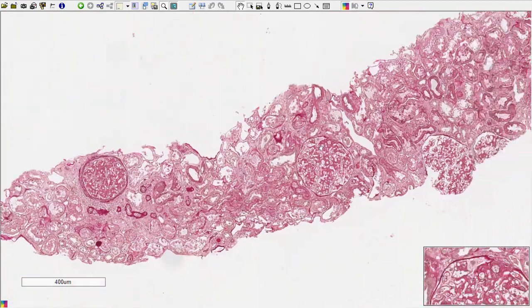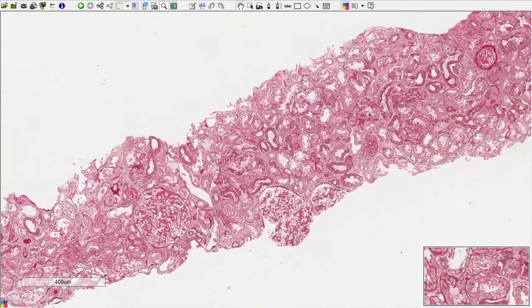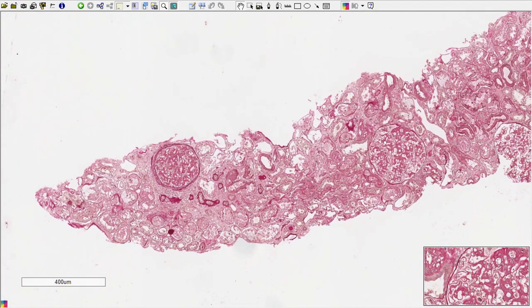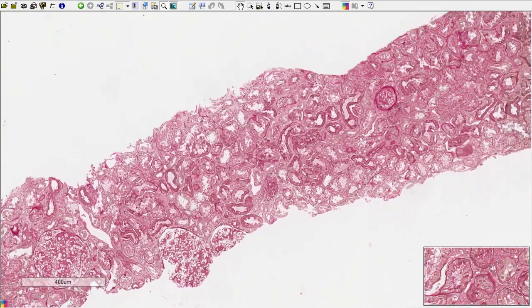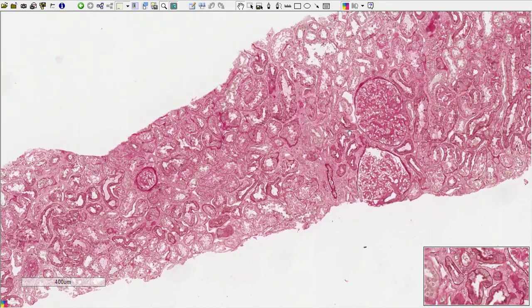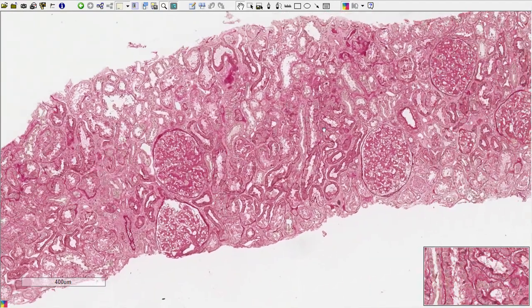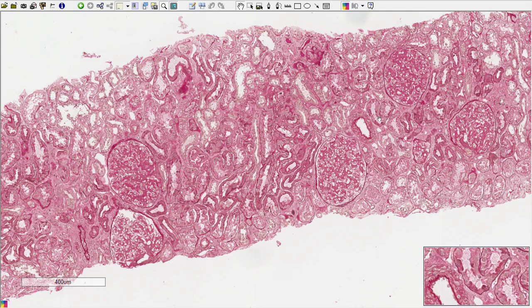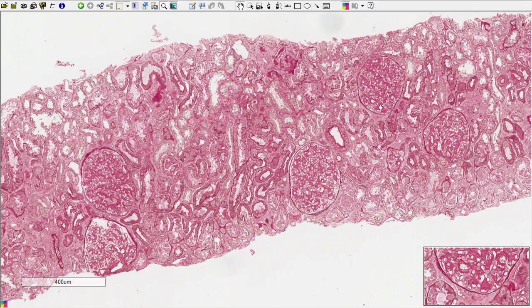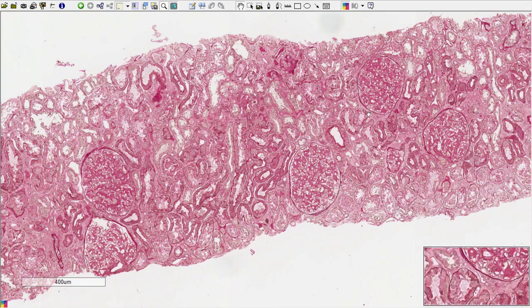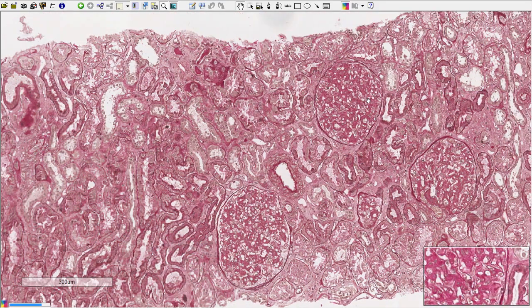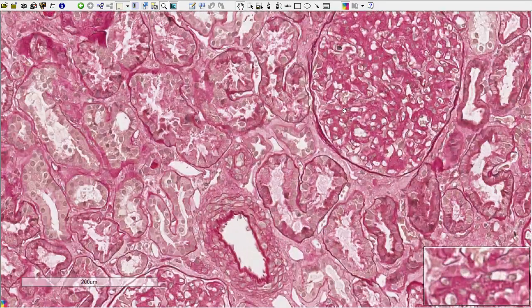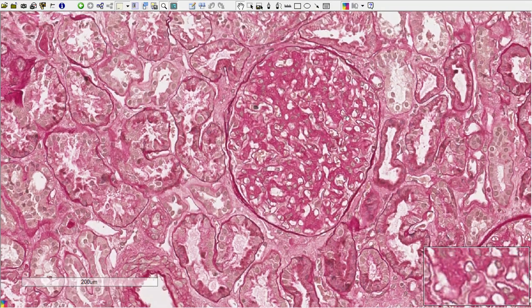I would say around 1/3 of the biopsy has tubular atrophy and interstitial fibrosis. So now let's take a look at higher power at the glomeruli.